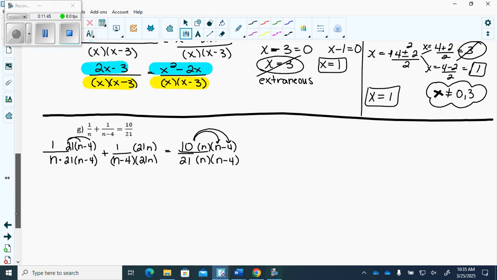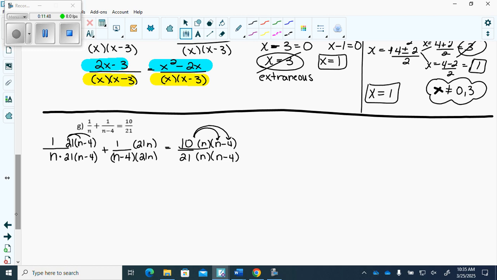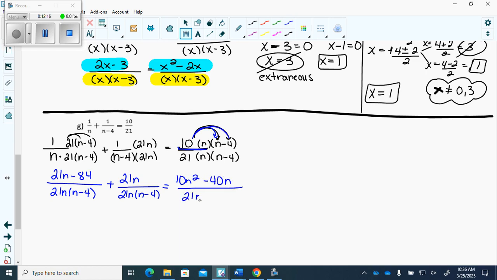All right, let's go over this one. So this one we have to put the 21 in, so we get 21n minus 84 over 21n times n minus 4, so we have a monomial binomial denominator, plus 21n over 21n n minus 4 equals, and I told you to put the 10n together first, so we get 10n squared minus 40n over 21n n minus 4.